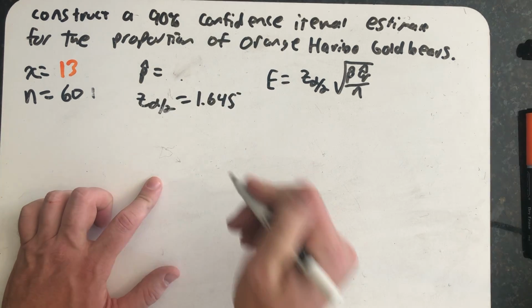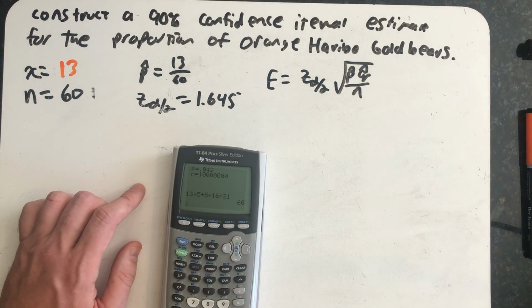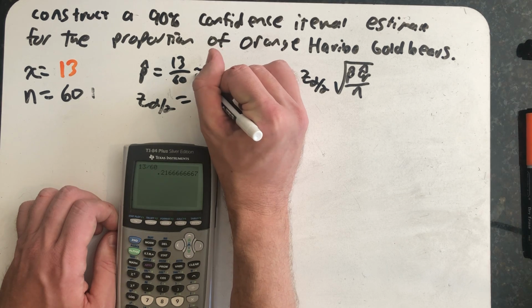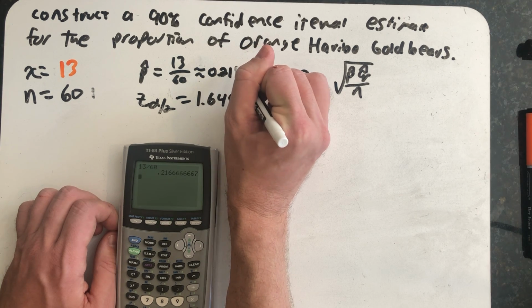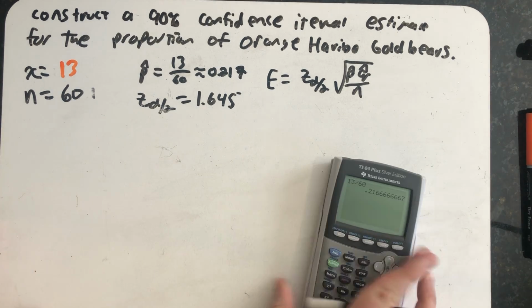P hat, x over n, 13 out of 60. Oh, I think writing that as a decimal is not going to hurt. So 0.21, and 6 repeating. I'll round this to 0.217 for simplicity's sake.